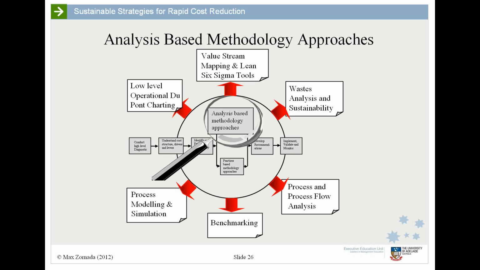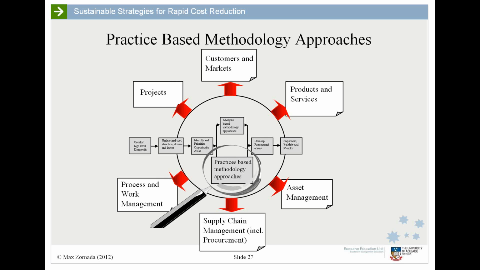And finally, process modeling and simulation. Again, using the cost models that we developed early on during the first two stages of the methodology, we can look at modeling and simulating different options and assessing which things are going to be harder or easier to do, which things are going to deliver more or less benefit to the organisation.